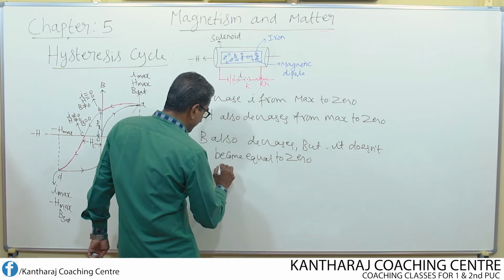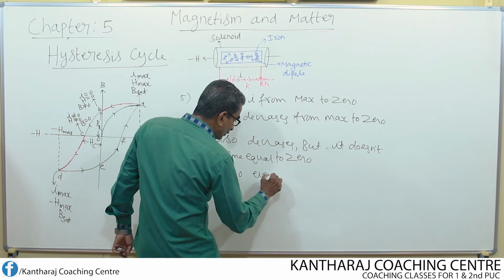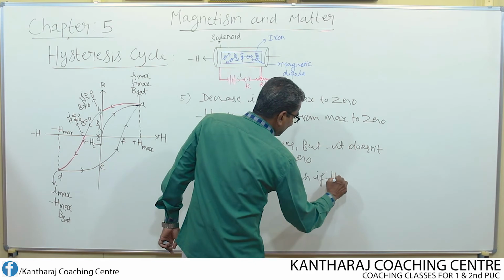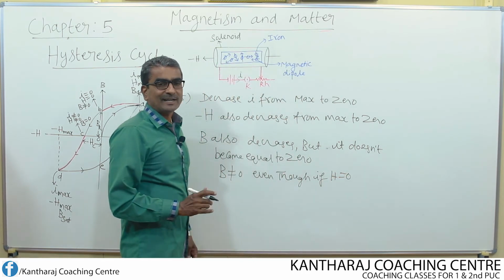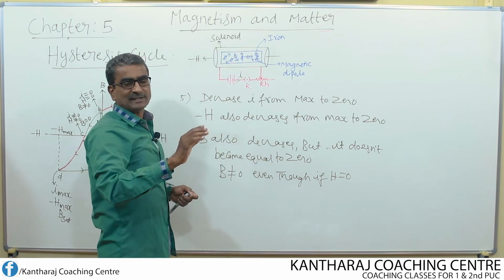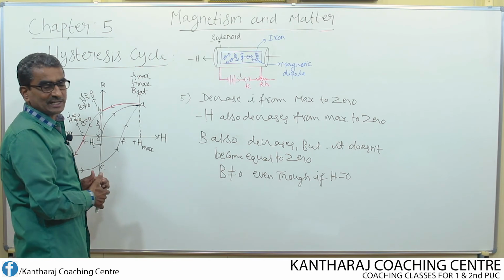What does it mean? B is not equal to 0 even if H is equal to 0. That means the substance is able to retain some amount of magnetism even in the negative direction.